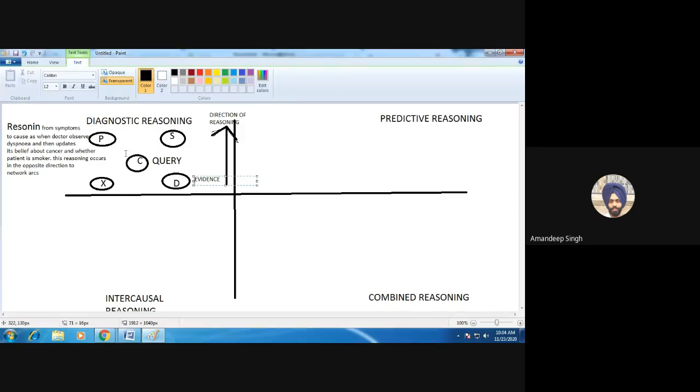So from the given evidence, it tries to identify the causes, in the upward direction.